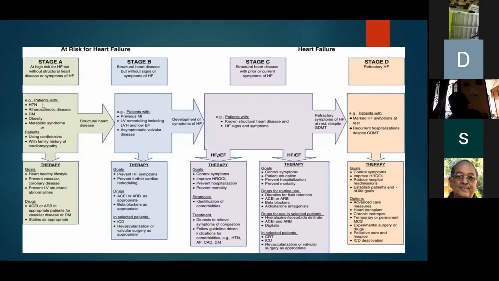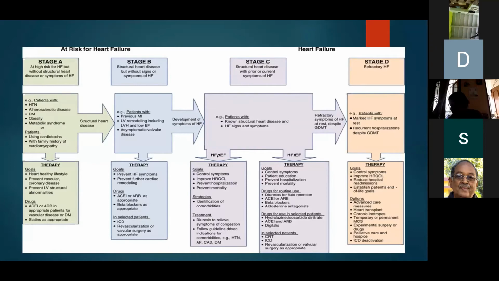These are patients with hypertension, atherosclerotic disease, diabetes mellitus, obesity, metabolic syndrome, or patients using cardiotoxins. Cardiotoxins could be anything from alcohol to chemotherapy, therapeutic agents, with a family history of cardiomyopathy. And so what is the therapy?